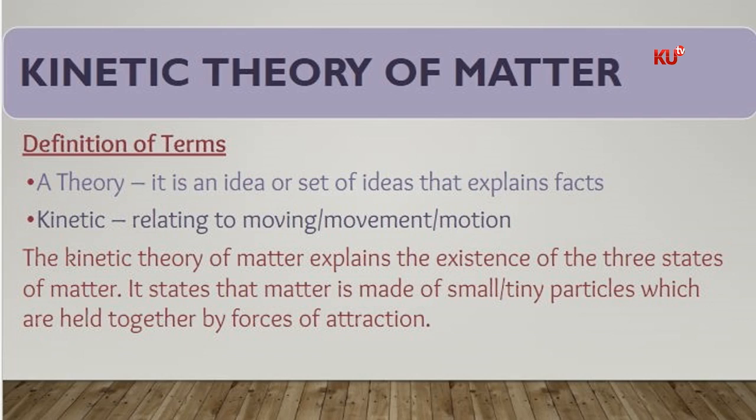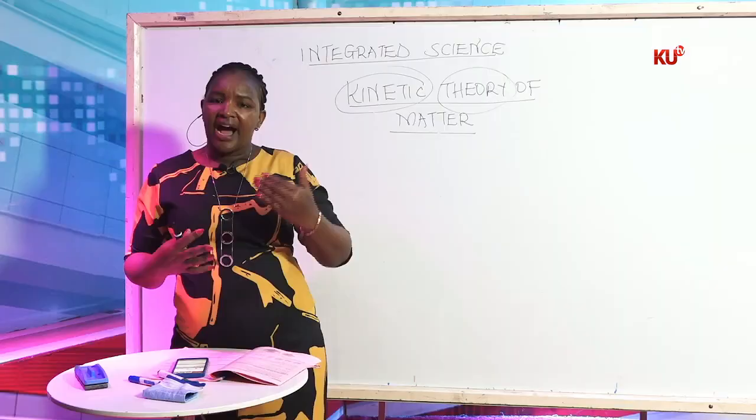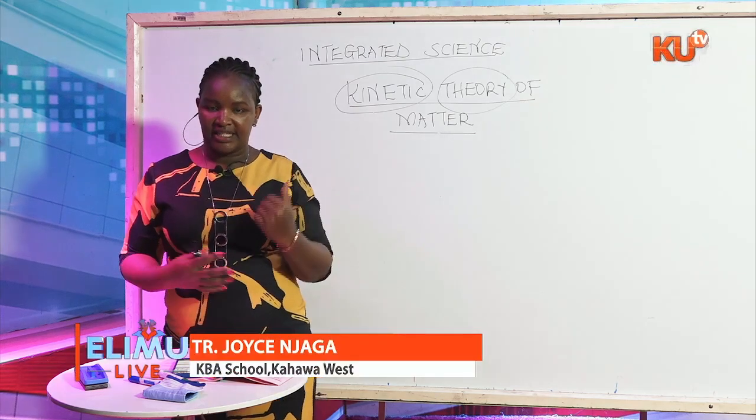I know we have learned about them. An atom is the smallest particle that can exist, and molecules are a combination of atoms. These small particles are held together by what we call forces of attraction. So that is what the kinetic theory is talking about: how are these particles in matter held?